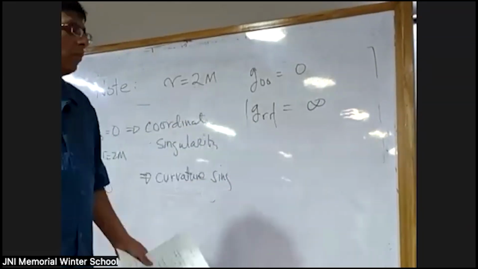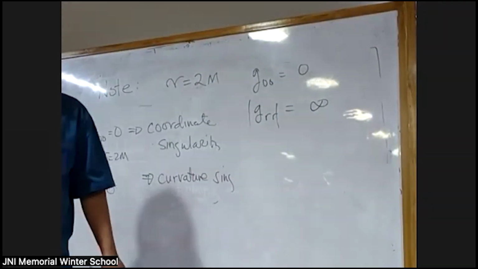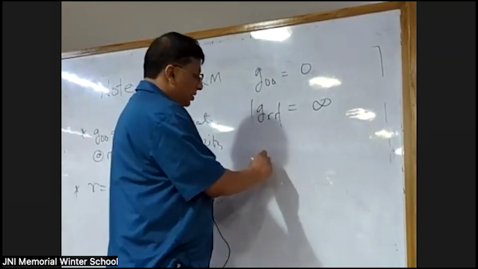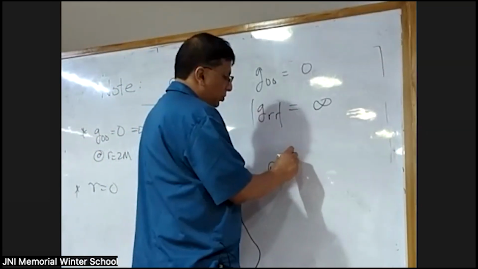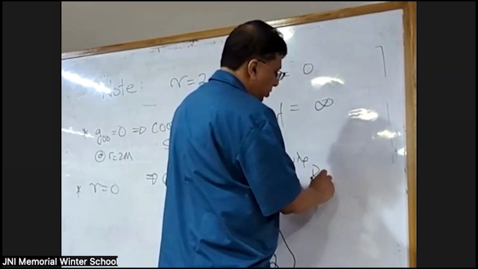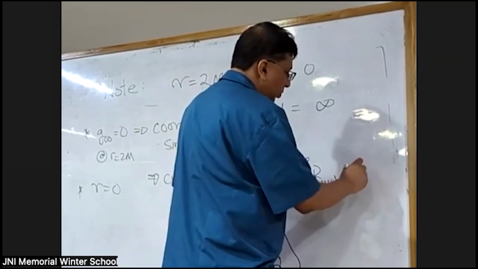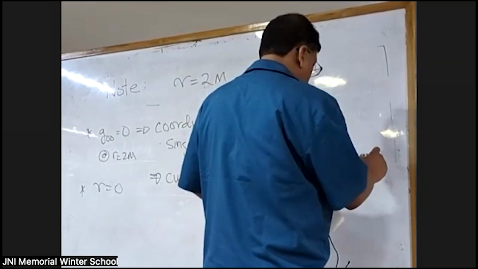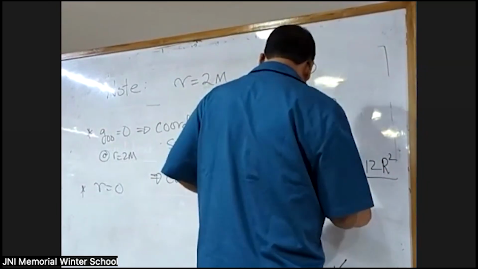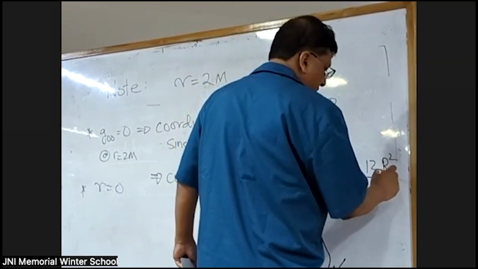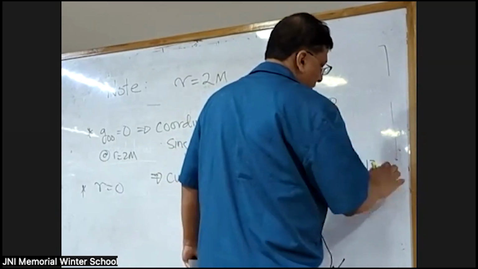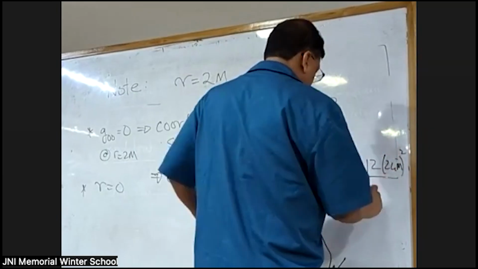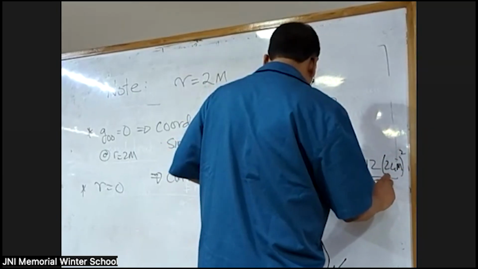One way people determine whether there's an actual singularity is to calculate R mu nu lambda rho R mu nu lambda rho, which equals 12 (2GM) squared over r to the 6th power.